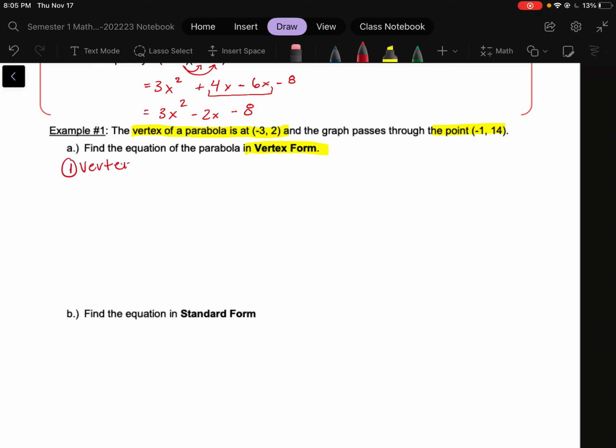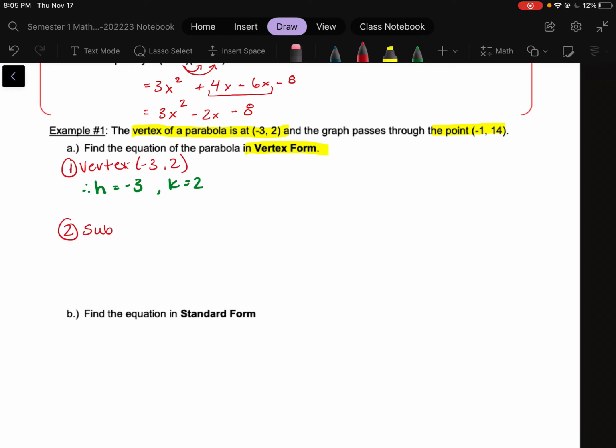So if our vertex is negative 3 and 2, this determines for us that our h is negative 3 and our k is 2. We can determine that because we know that the vertex relates to our h and k values. We looked at that at the very top. That was point 1 from recalling our steps.